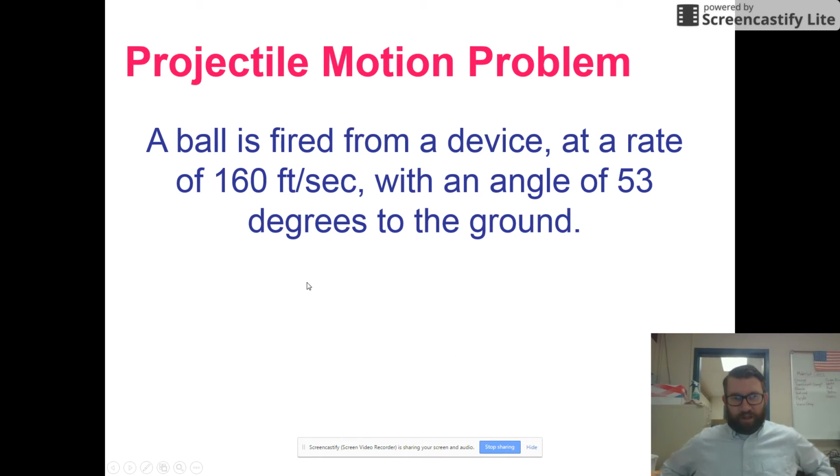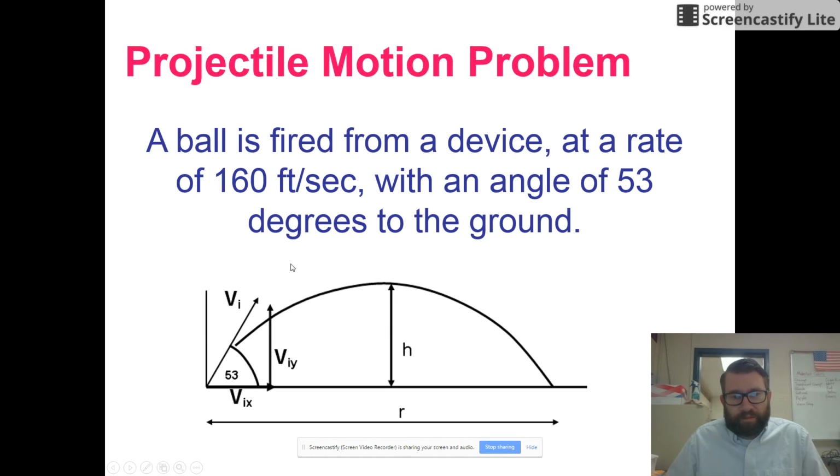So let's look at an example. A ball is fired from a device at a rate of 160 feet per second with an angle of 53 degrees to the ground. So we have our setup here. Always important to draw the graph.